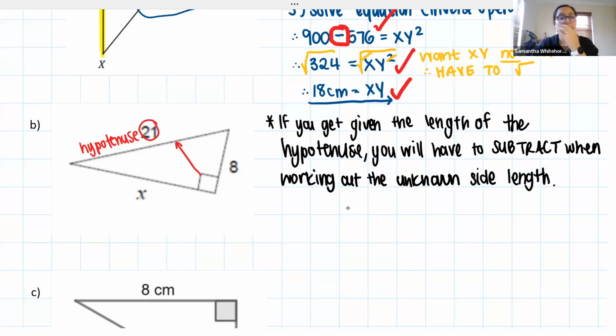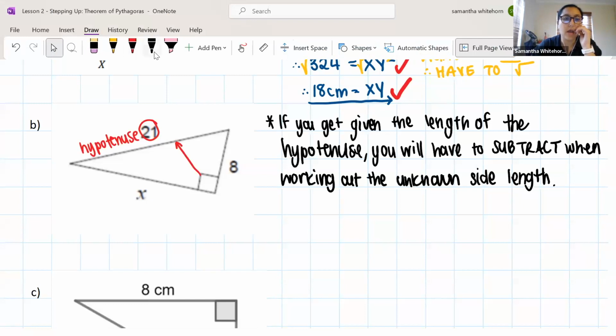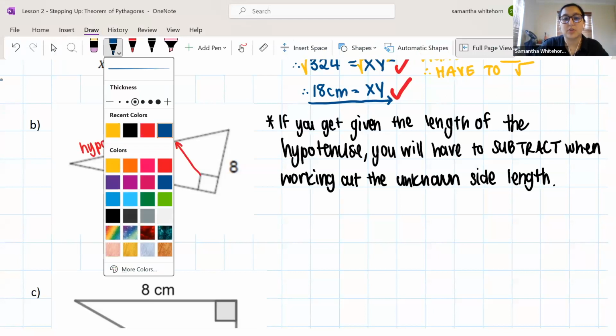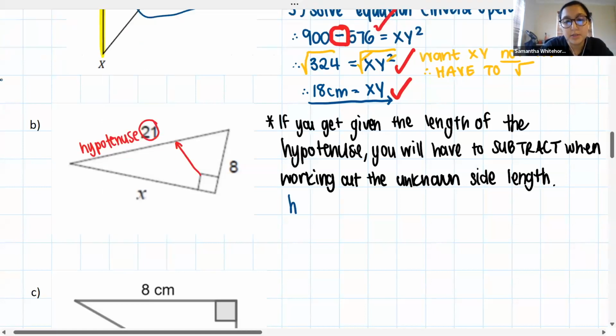If you get given the length of the hypotenuse, you will have to subtract when working out the unknown side length. If you are looking for the hypotenuse, that is when you add, and that's what we did in Monday's lesson. So we know where our hypotenuse is. We are now going to use Pythagoras. Pythagoras says, remember, hypotenuse squared is equal to the sum of the two other sides squared.